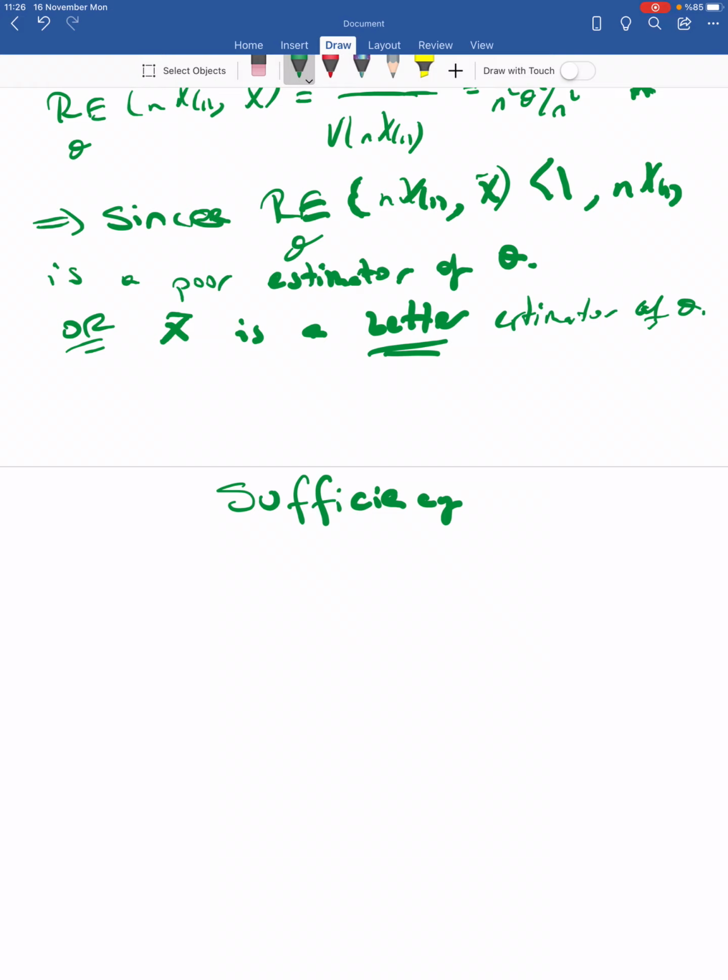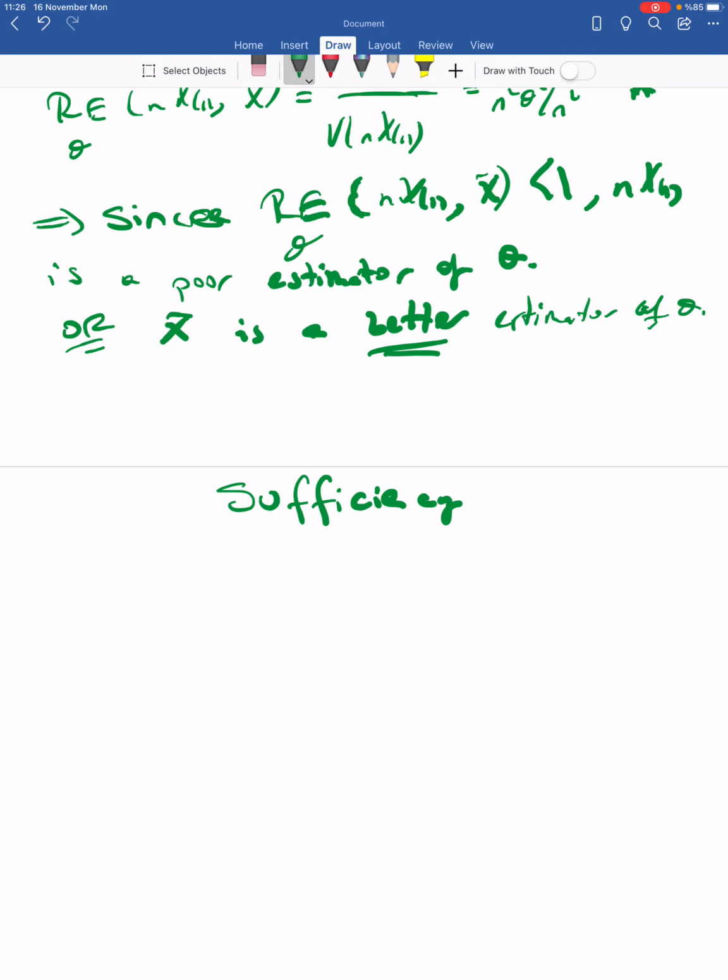So when we have the sufficient estimator, basically we don't have to know all sample points. Just knowing the value of the sufficient statistic will be enough for us to be able to estimate a parameter. So it's a very powerful statistic.